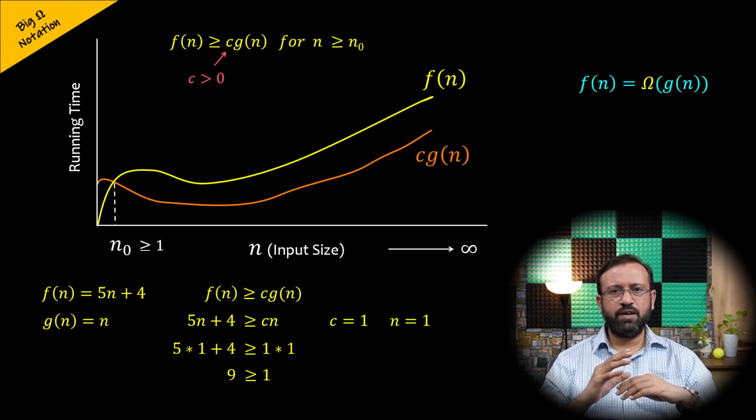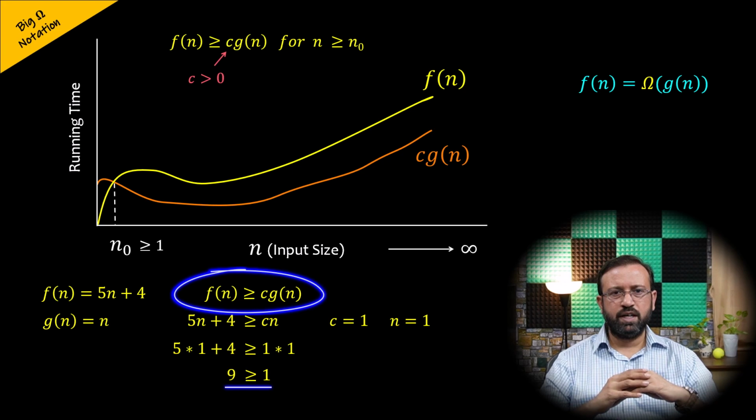So, we have 5 multiplied by 1, which is 5, plus 4, which is 9, greater than or equal to 1 multiplied by 1, which is 1. So, we have 9 greater than or equal to 1, which satisfies this expression. Indeed, this is one of the infinitely many choices available for the value of c and n.